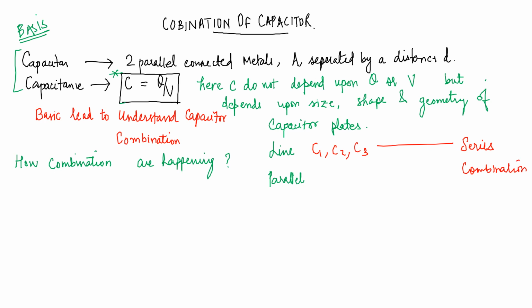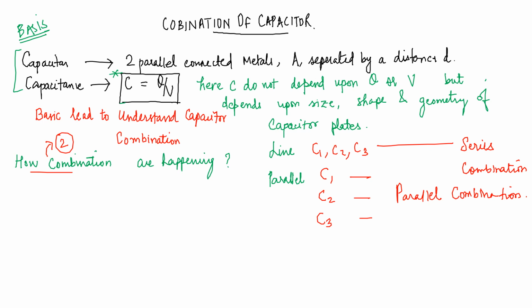But when these are combined like C1, C2, C3, one upon another like stacking, they are in parallel lines. Now they are not in a single line but in the parallel lines, so they are called parallel combination. So we are combining in two ways which we have read.